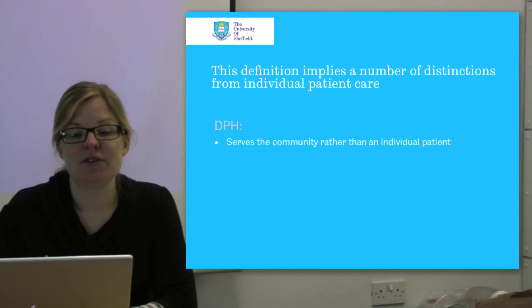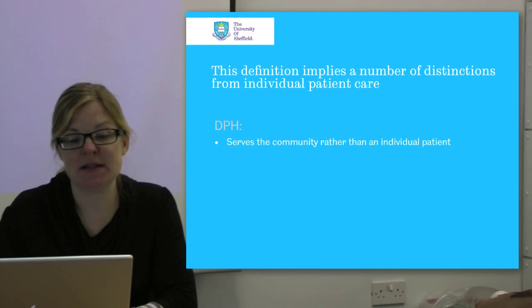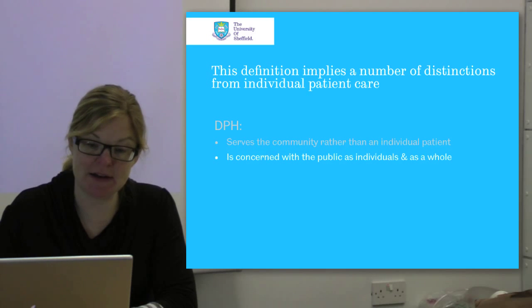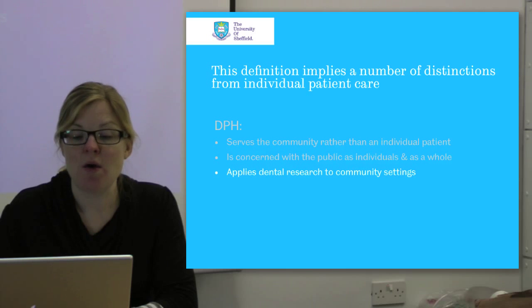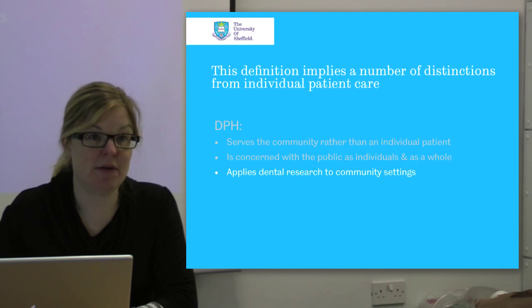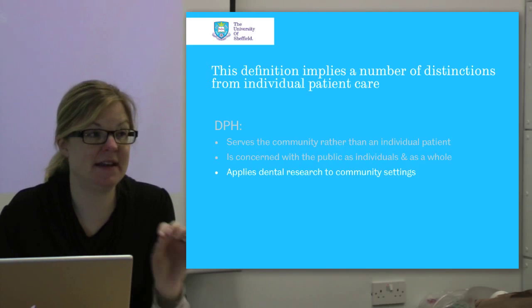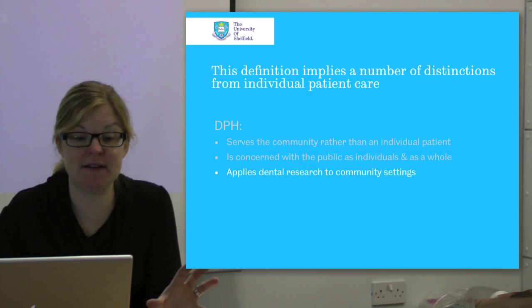And again, just to remind you that dental public health is about the community rather than the individual. We're not always concerned with what benefits the individual. We're thinking about what benefits the community.